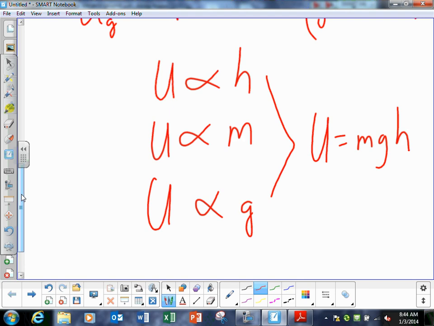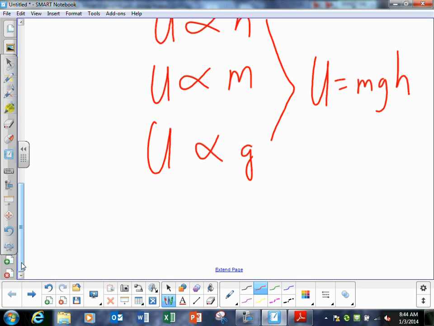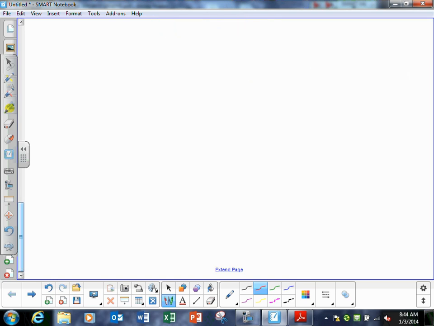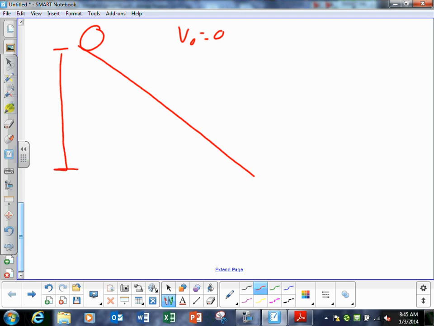Now, I have to explain one more thing here for you today, just kind of simple. Let's say that I have a ramp, and I have a v sub naught equals 0. And let's say that I have a height change equal to 5 meters. Let's say that this is a 2 kilogram ball.